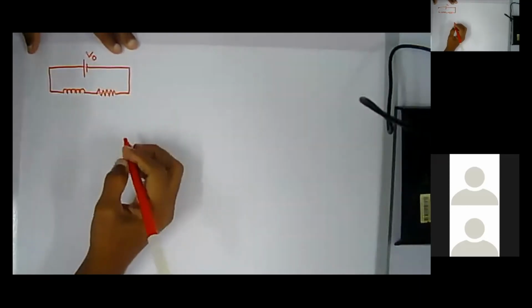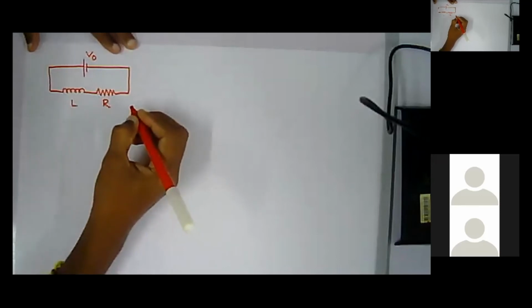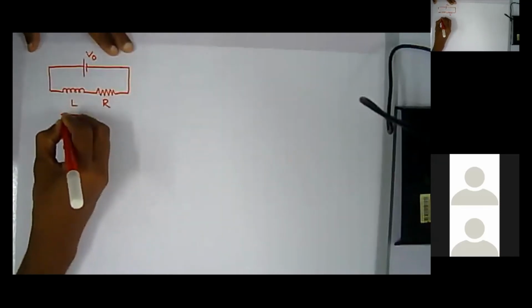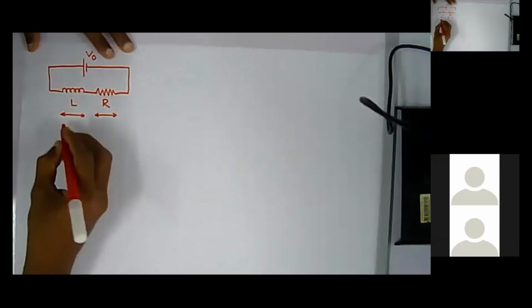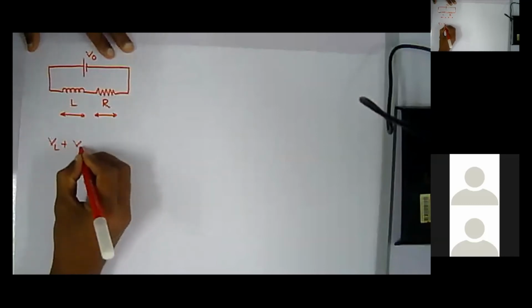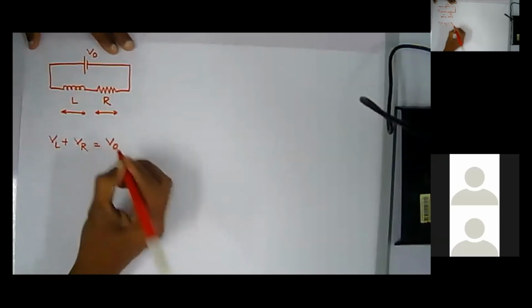Let these be L and R. Similarly, the voltages add up to V0, so let VL plus VR be equal to V0.